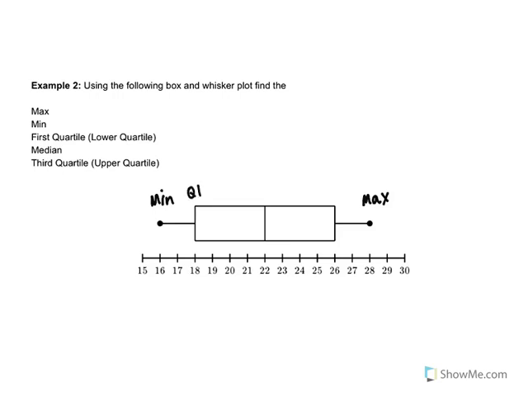Here's my first quartile, my second quartile or my median, and here is my third quartile. I can also say this is my lower quartile and my upper quartile. So the first thing you should do is label your diagram, and then all you have to do is identify the 5 different numbers.